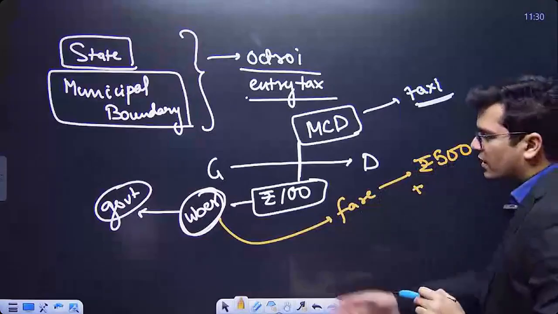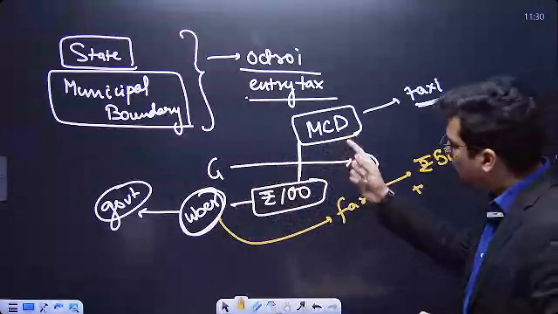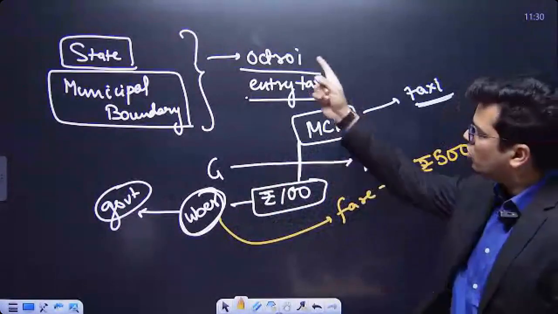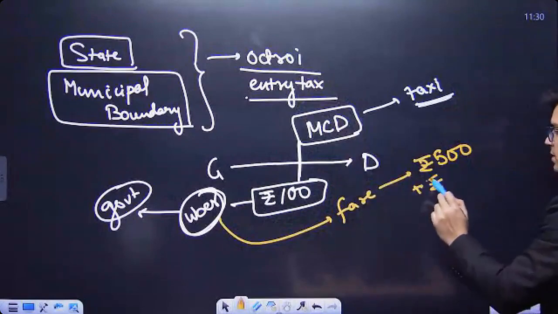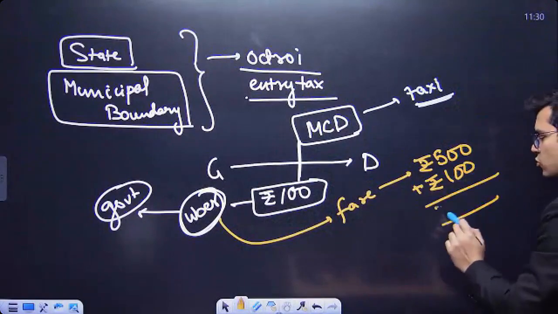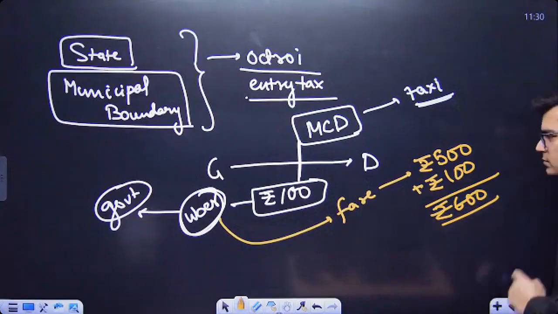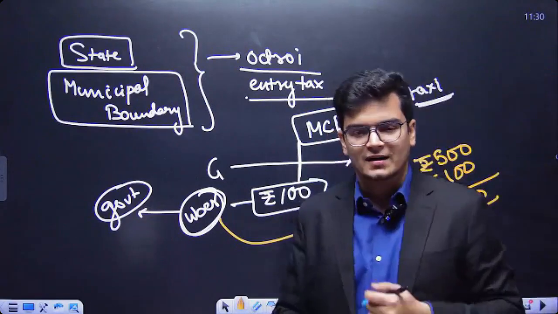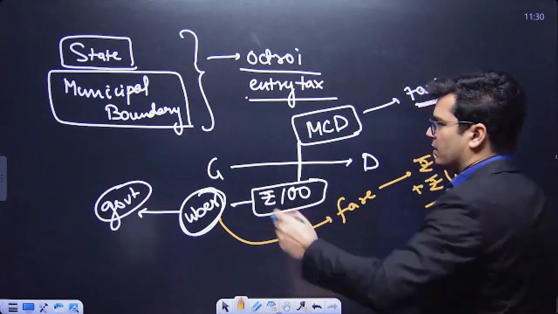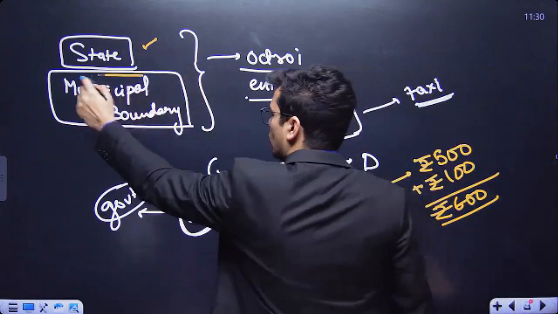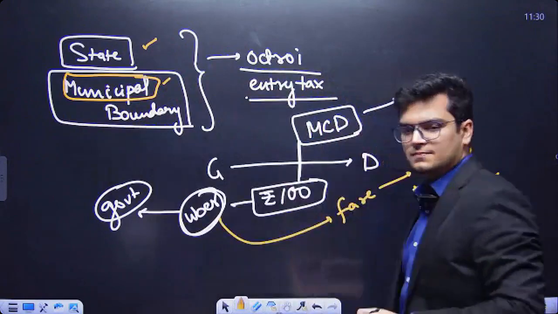There is also an additional burden that was created on account of this law, on this octroi, and we have now put rupees 100 more on you. So you will pay rupees 600. This is octroi or entry tax, levied by either state governments or municipal governments.